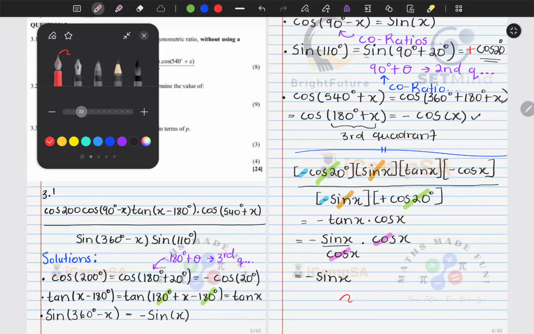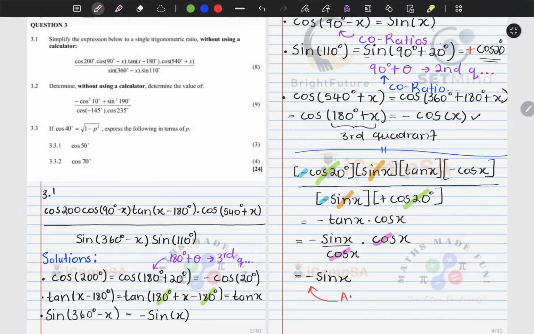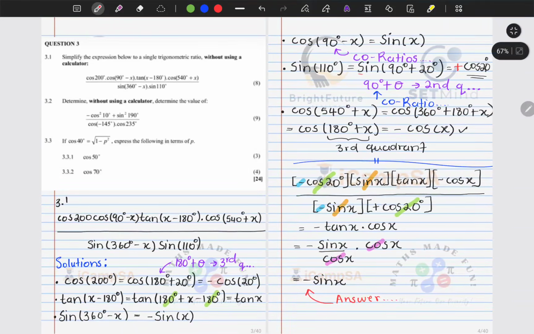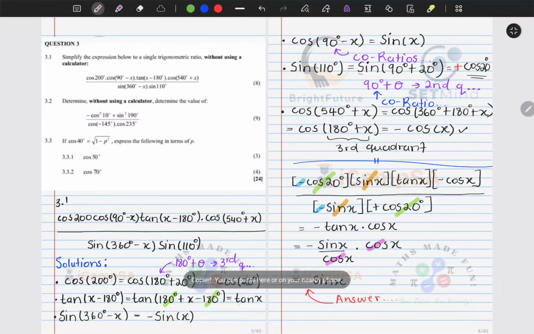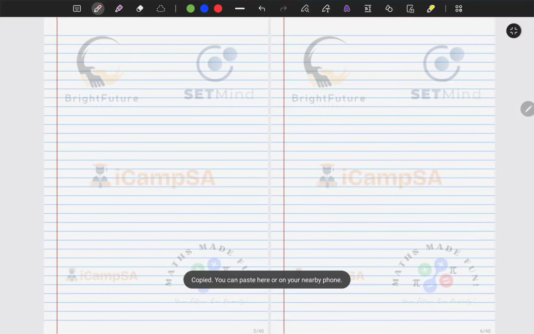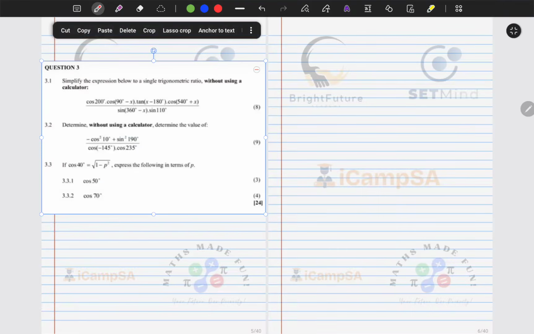So this here becomes our final answer for that question 3.1. I hope that you guys understand and are able to make sense of all these steps that we undertook. So let's go to the next page and deal with 3.2.